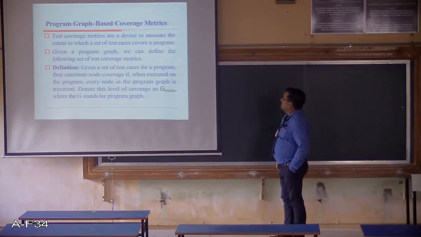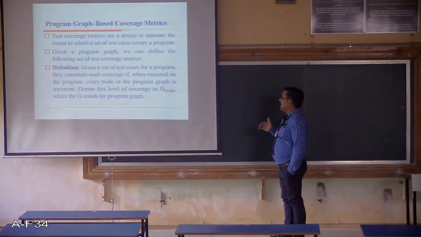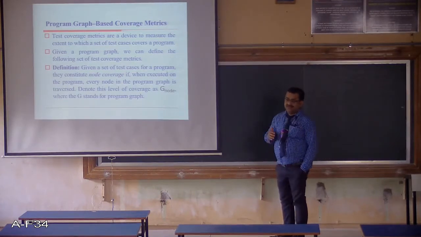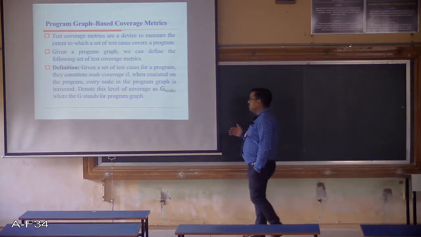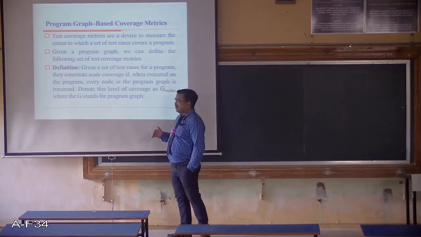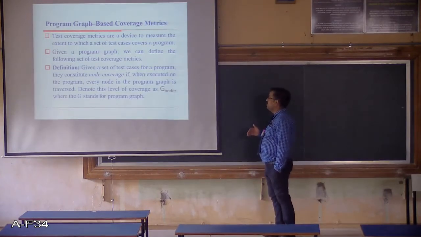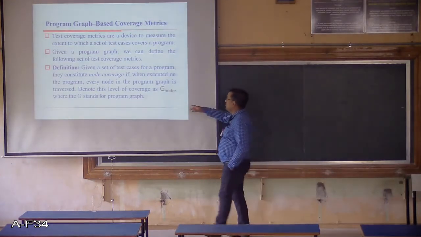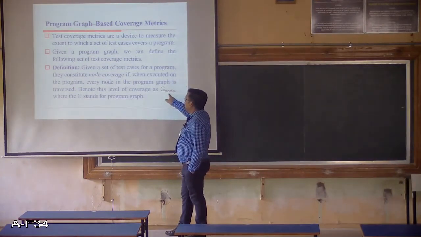Now, when we create a program flow graph, if the set of test cases is such that it covers every node in the flow graph, then we indicate that coverage metric by G node. Here G stands for the program graph and G node indicates the node coverage.